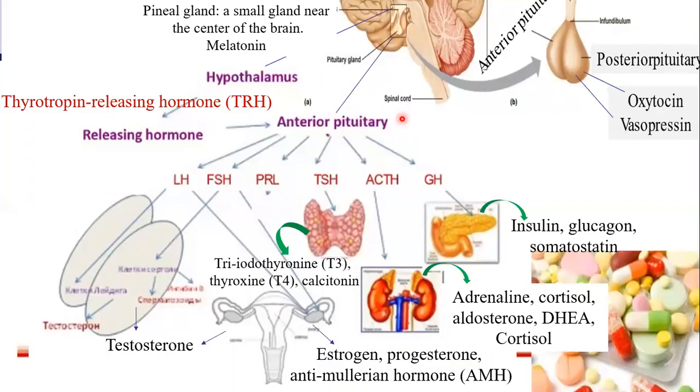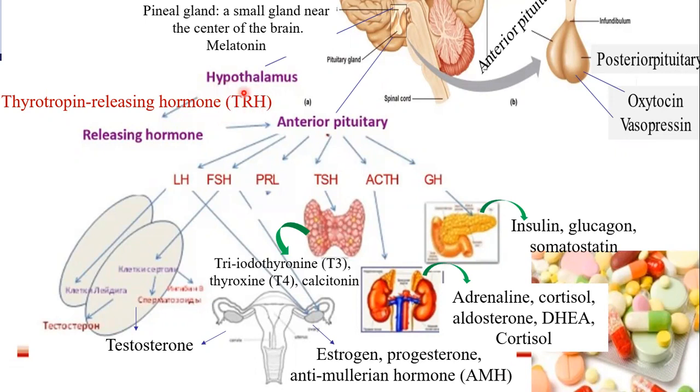Okay, this picture you know very well, and today we will talk about producing thyroid stimulating hormone and thyroid gland hormones. First of all, the hypothalamus produces thyrotropin releasing hormone, or TRH.